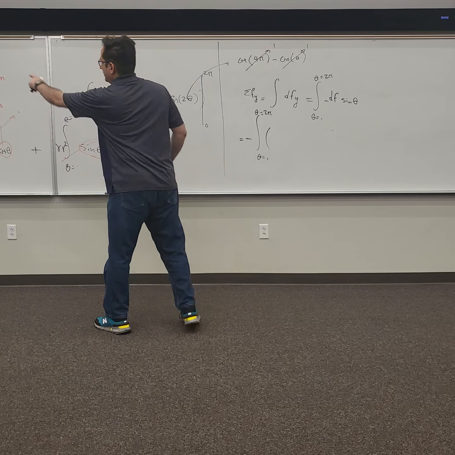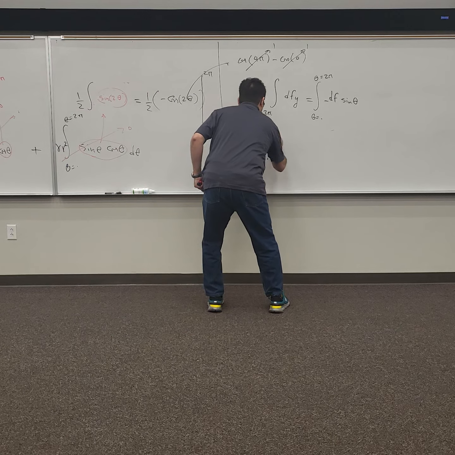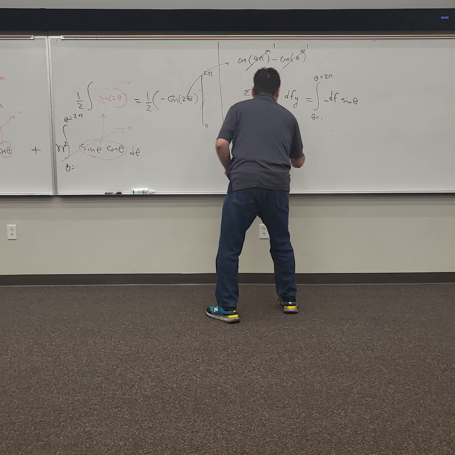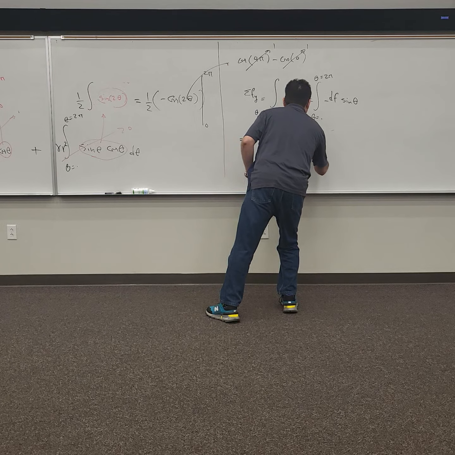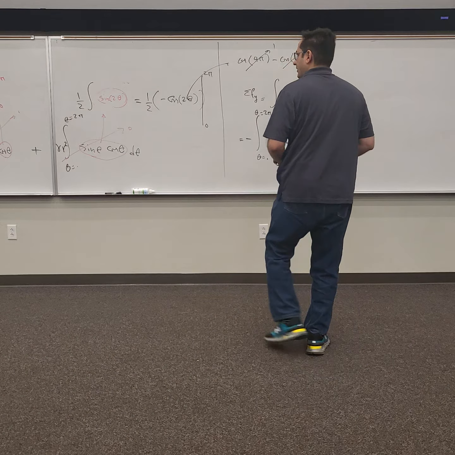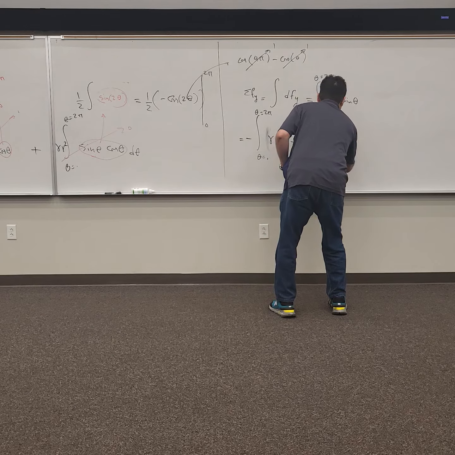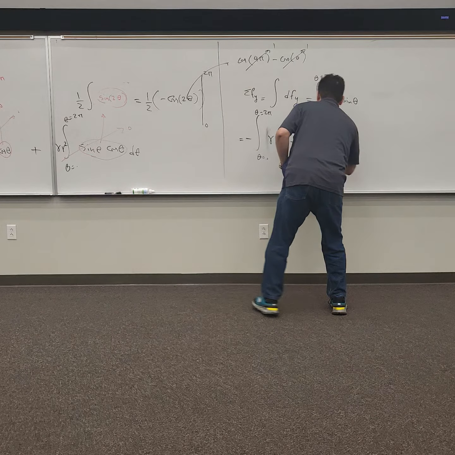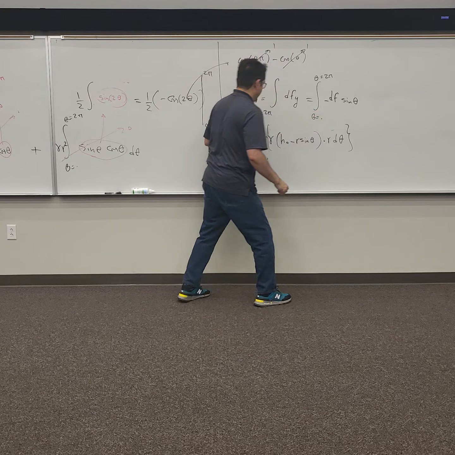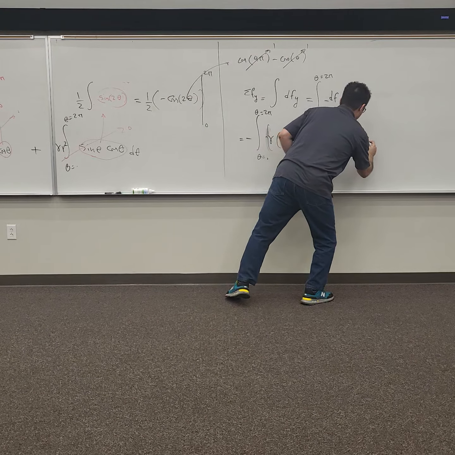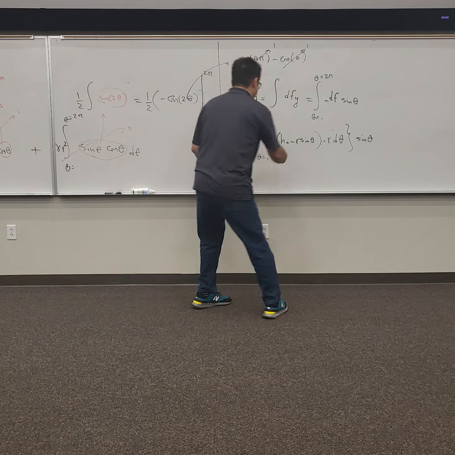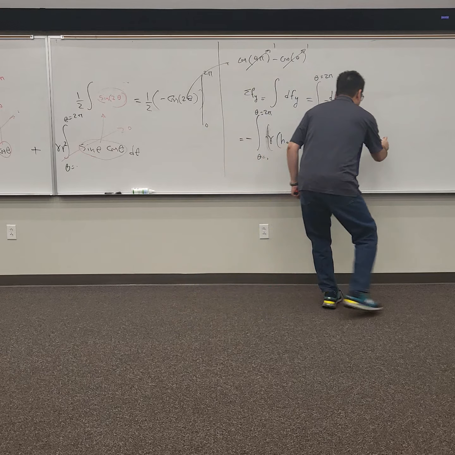For dF, I put gamma times h0 minus r sine theta, times r d theta. This is dF, but we need it out, and then sine. Now I need to evaluate this integral. How do I do that? Exactly like that. Just expand it, distribute.